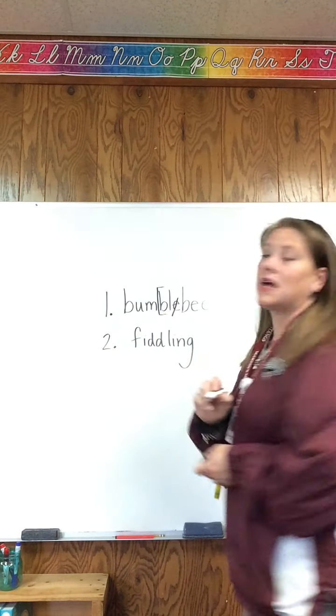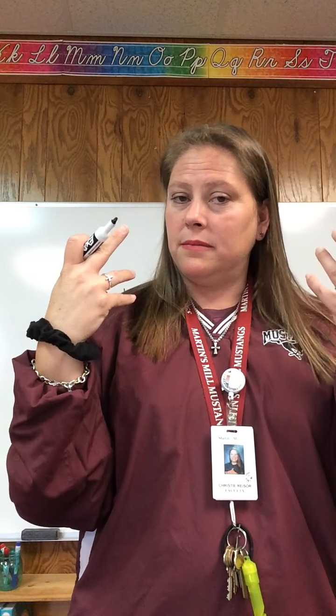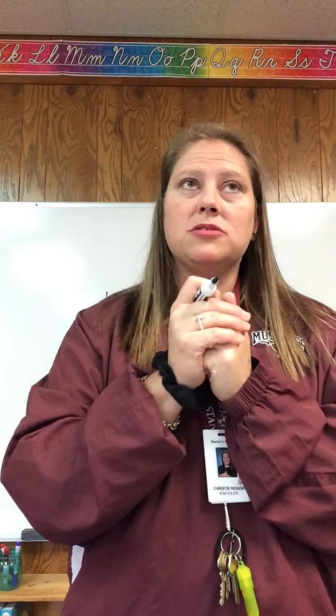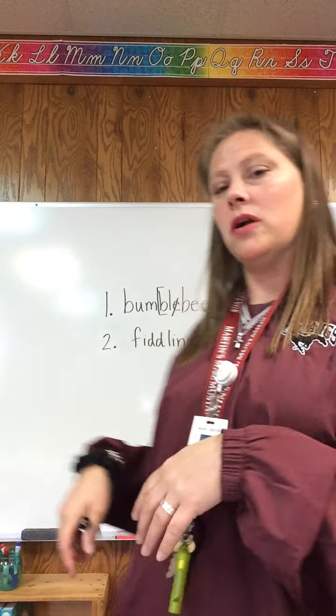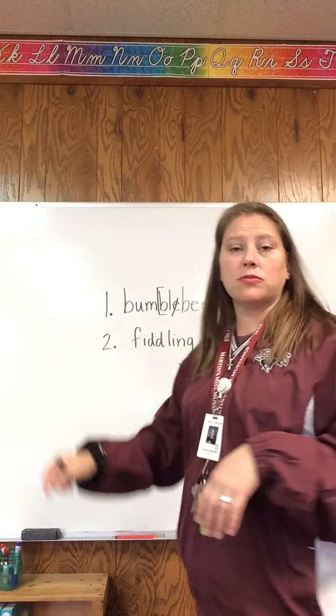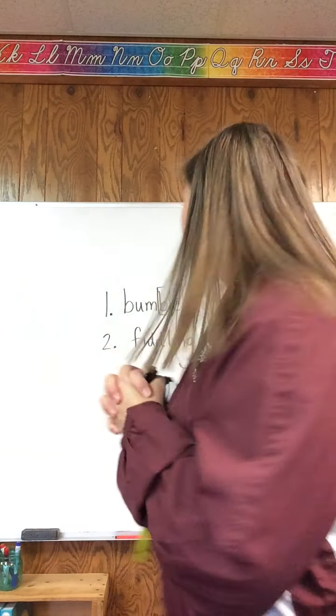I'm going to slash out the silent E. Now, Ms. Reiser's always taught us that a final stable syllable is the final syllable in a word. So I wonder what that means about this word. As you continue to work through this word, you need to keep that in mind.